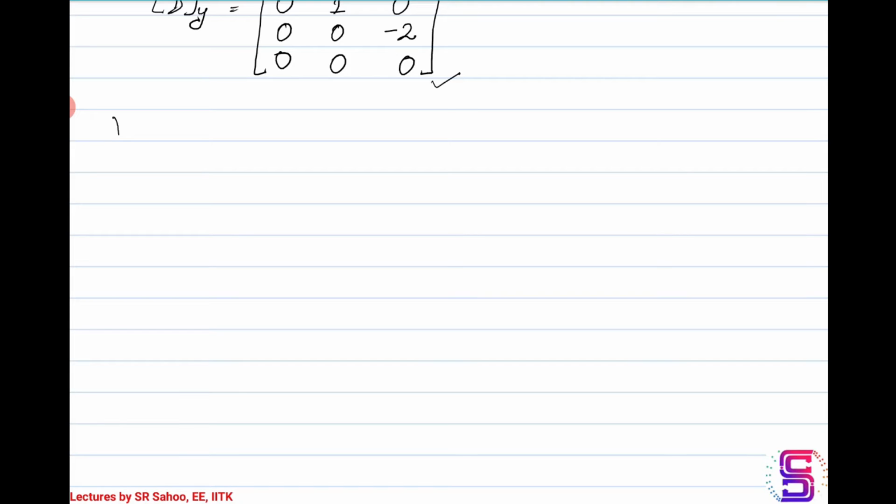And let us consider another vector space, which is basically the set of real matrices, and the field is real, so we are considering 2 cross 2 real matrices.